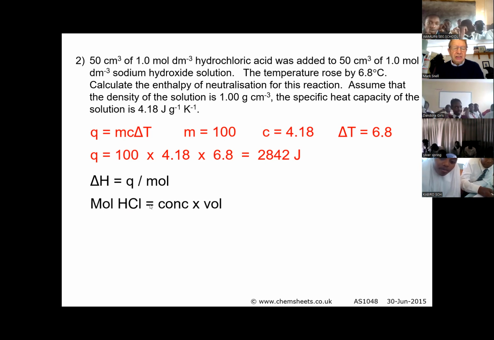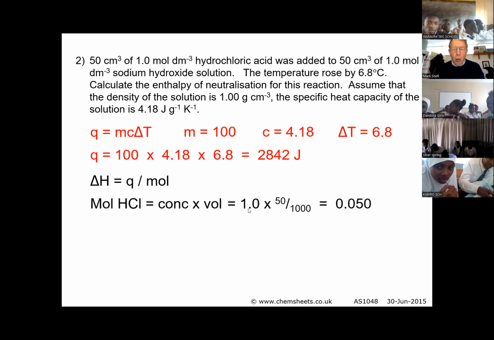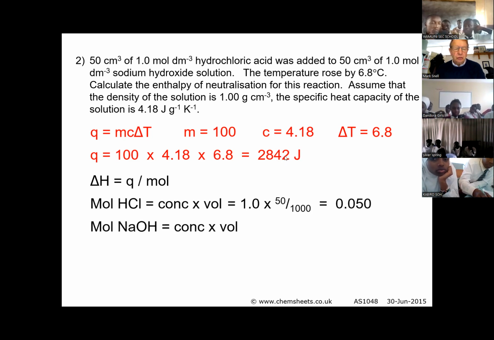The moles of the HCl is the concentration times the volume in cubic decimeters, which is 1 times 50 over 1,000, which is 0.05, which somebody at Glory got, which was excellent.